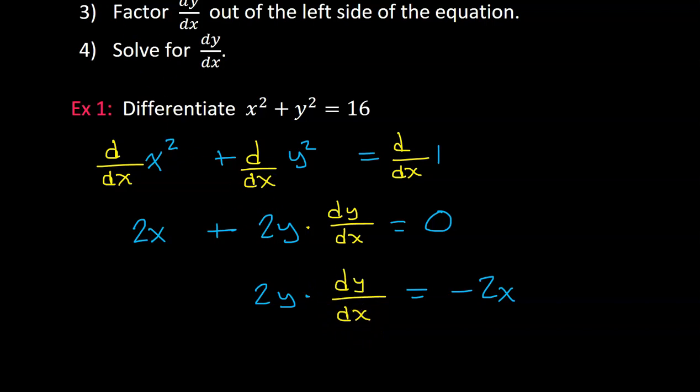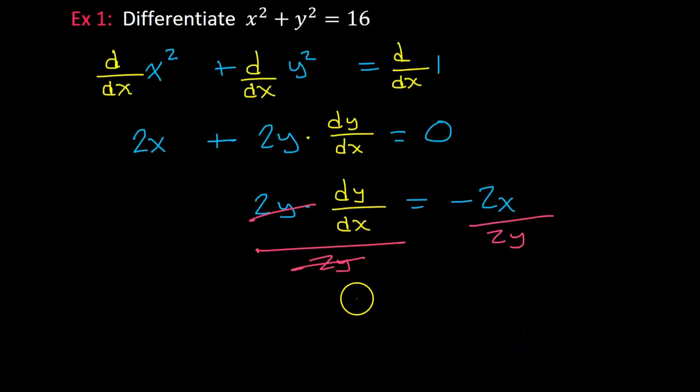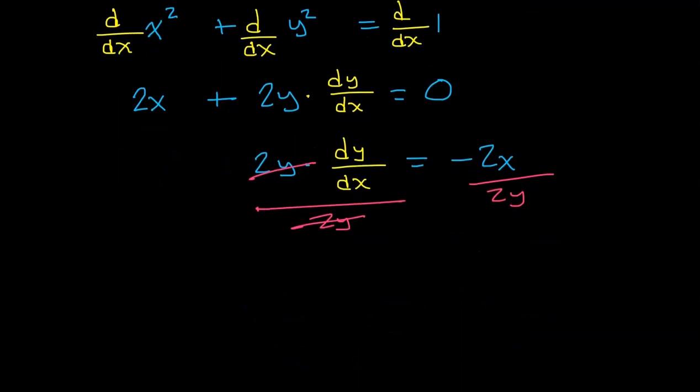We can do that by just dividing both sides of the equation by 2y, so that the 2y's will cancel each other out, and then we have dy dx by itself. So dy dx is equal to negative 2x over 2y.